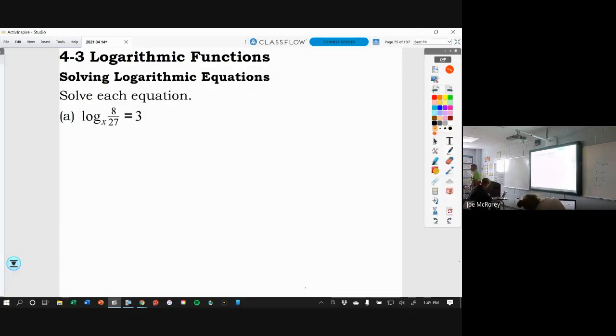Alright, we're going to solve. I want to know the value of x. What is the base of this? Okay, so if we were to rewrite this from logarithmic form to exponential form: base x, power 3, the thing is 8 over 27. I want to get x by itself.